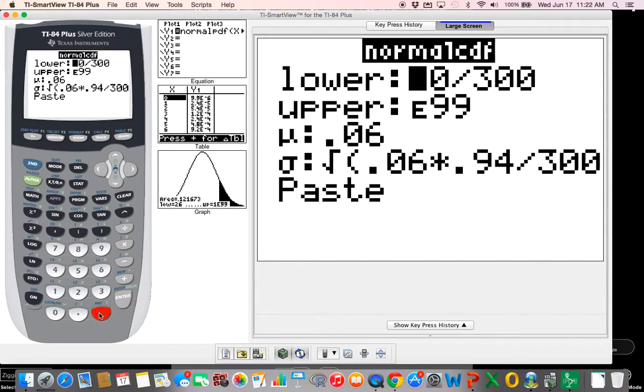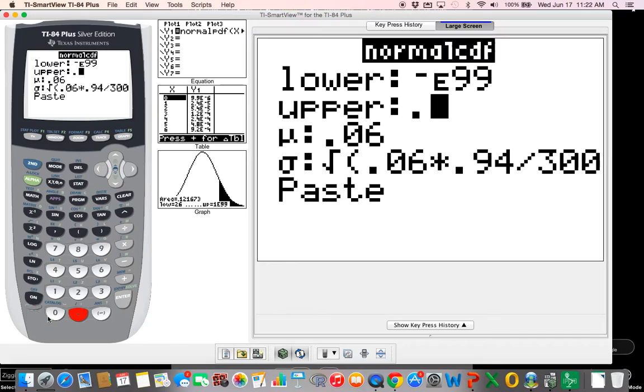So this is going to be from negative E99 to 0.0643, with a mean of 0.06.